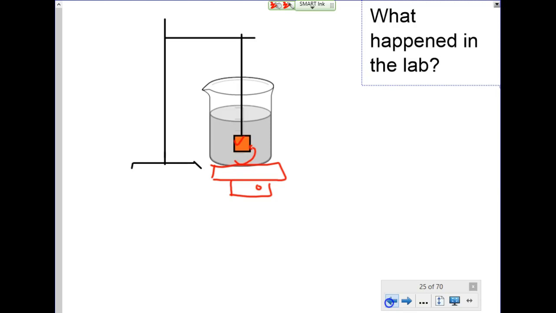Absolutely. When you have conduction, it is only heat transfer through solids, versus convection, which is heat transfer through gases and liquid systems.